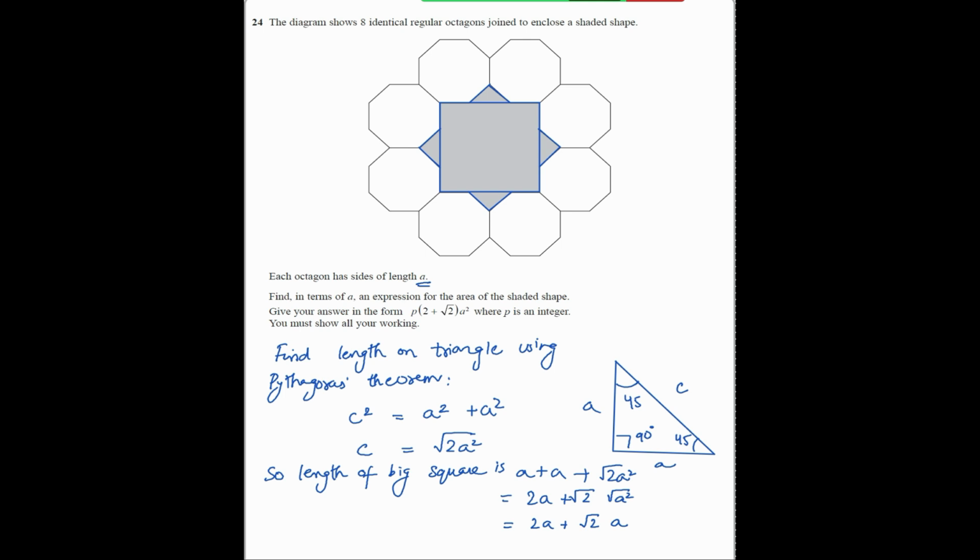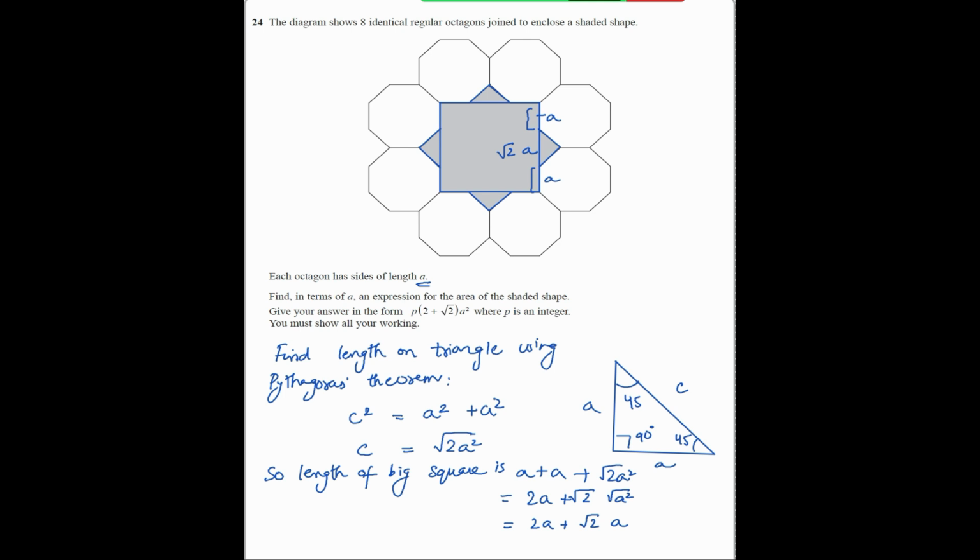As we know, the octagon has a side of length a, so this length is a, and this length is also a, and this length, the triangle hypotenuse, is the square root of 2a squared, or it is just the square root of 2 times a.